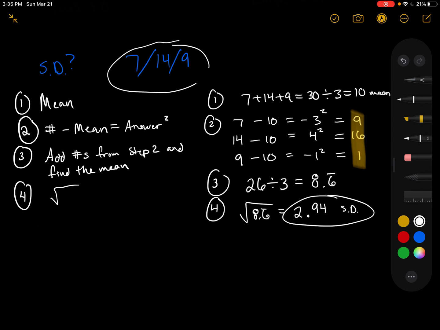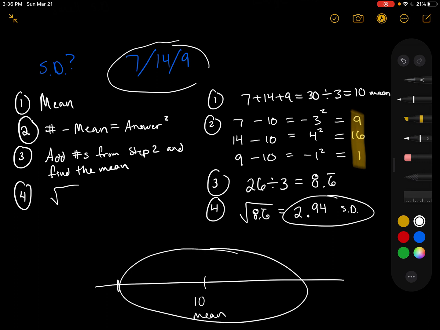So 3 under, 3 over. And it's pretty accurate. The 10 and the 9 are both within that standard deviation, more or less. The 14 is a little bit further away from that standard deviation, but that's okay. And again, to conceptualize this, you have your mean at 10, and what the standard deviation is saying is most of our data is going to come between 7 and 13. And we see for the most part, it's pretty much true.